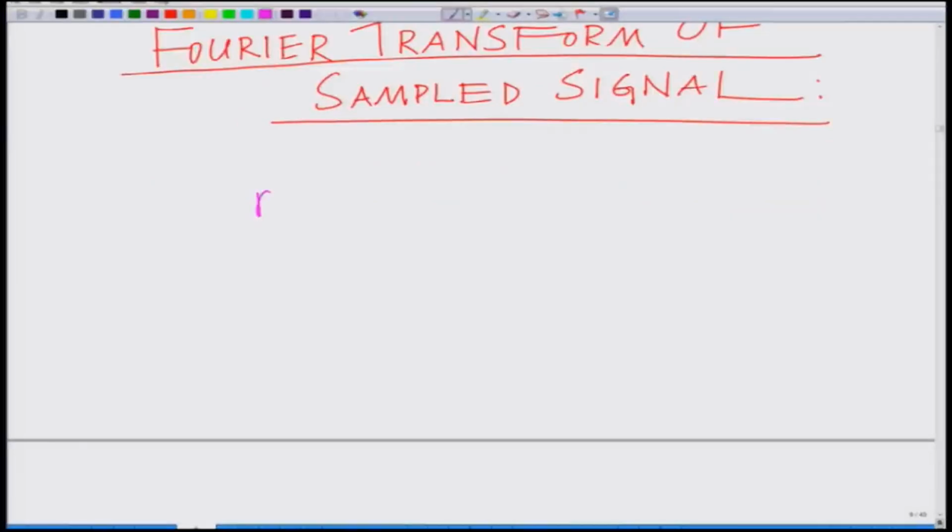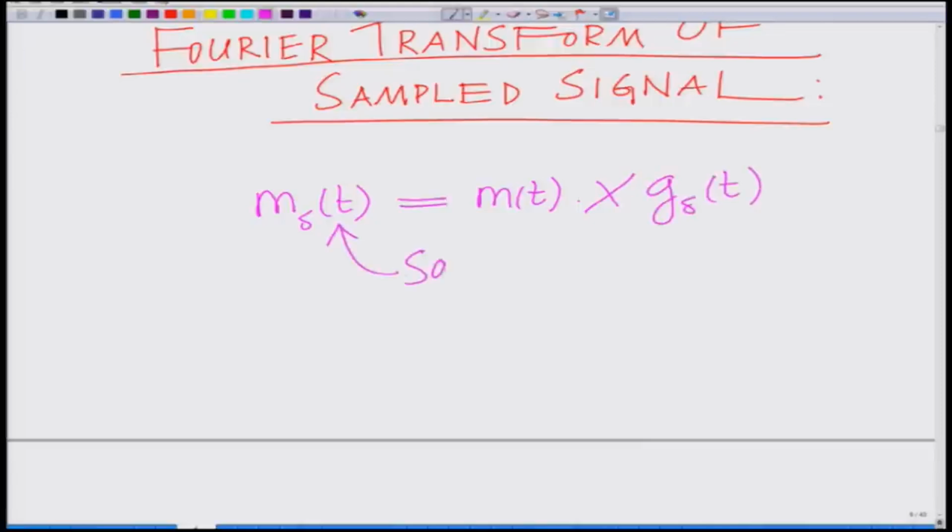Remember, m delta t, the sampled analog signal, is simply m of t times g delta t. This is your sampled signal, and m of t is the original analog signal.